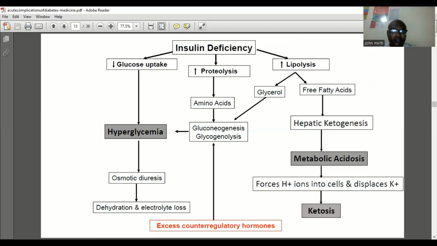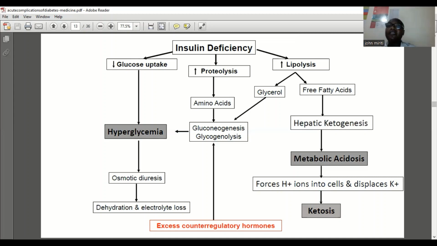So again, insulin deficiency with excessive counter-regulatory hormones, the cortisol, the epinephrine, the growth hormone, the glucagon, and also the thyroid hormones, can promote gluconeogenesis, which can result in hyperglycemia following that route. On the other part, insufficient insulin in the body can result in increased breakdown of lipids, and this can follow two pathways.